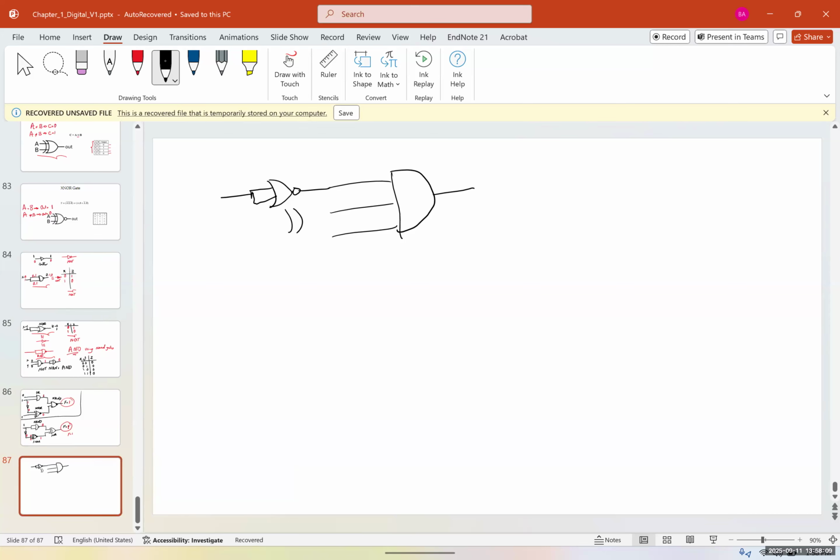Another one is connected to an XNOR gate with inputs connected together. And one of them is connected to an XOR gate with inputs connected together. And all of them are connected to 1. What is the output F equal to?